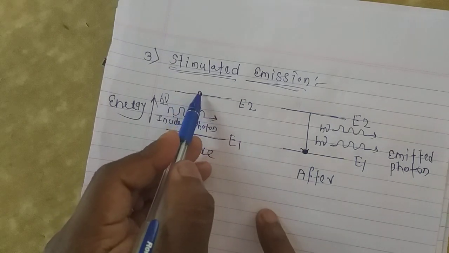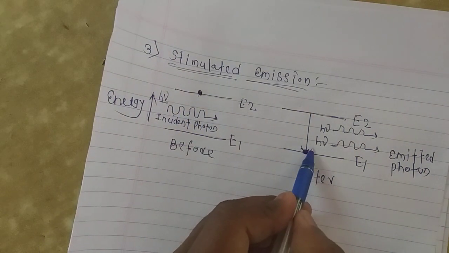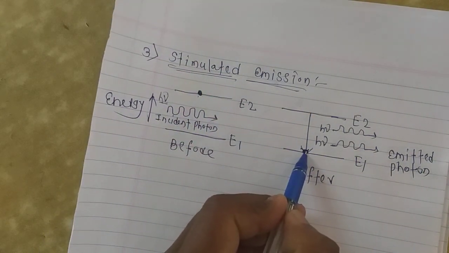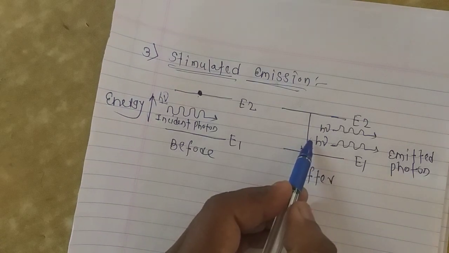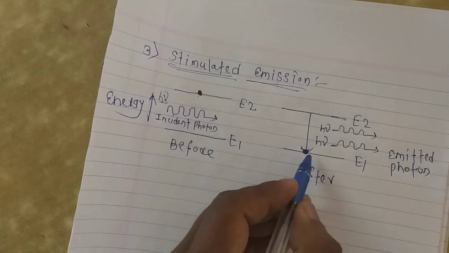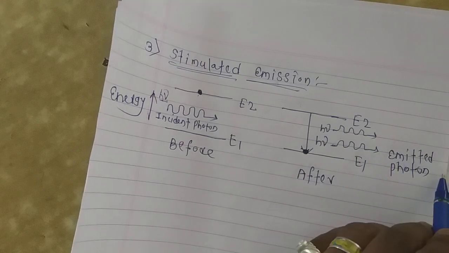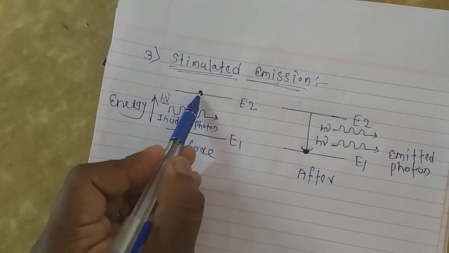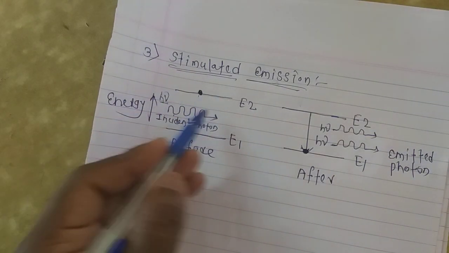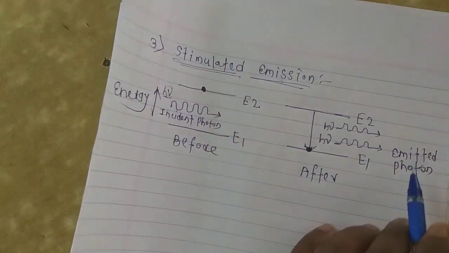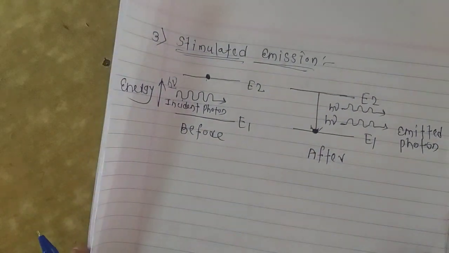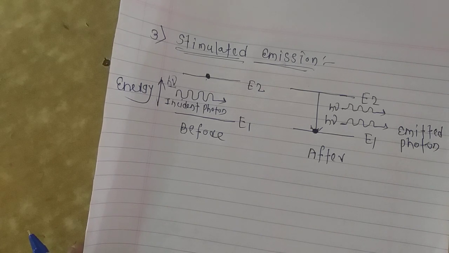Then this excited atom goes to the lower energy level E1, but two photons are emitted: the incident photon, and the one we already have. That transition is known as a stimulated transition, and that process is stimulated emission.